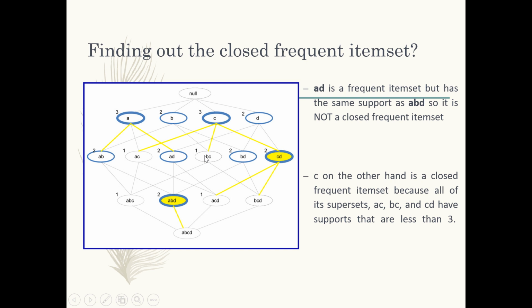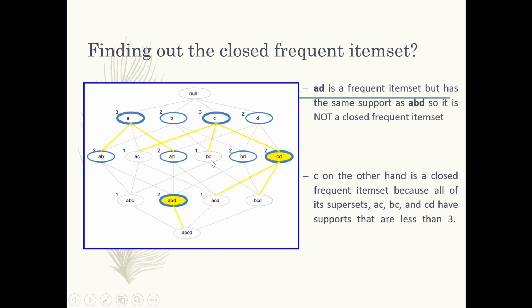Similarly, the next superset is BC. It is less, okay, fine. And you look at CD. This one is also less. So here, this is a frequent item set whose supersets do not have the same support count. They have less support count, which is what the closed frequent item set definition says.